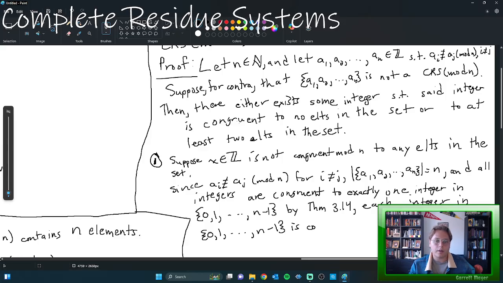And we know that none of them are congruent to each other, so once you take up one with another one of the integers in a1 through an, then you can't take that one up anymore. So you just go through and keep placing them in each of these buckets, and then at that point you have shown that every single one, you'll get through all of them from 0 through n minus 1. You'll show that all of the ones in 0 to n minus 1 is congruent to exactly one integer in a1, a2, all the way through an.